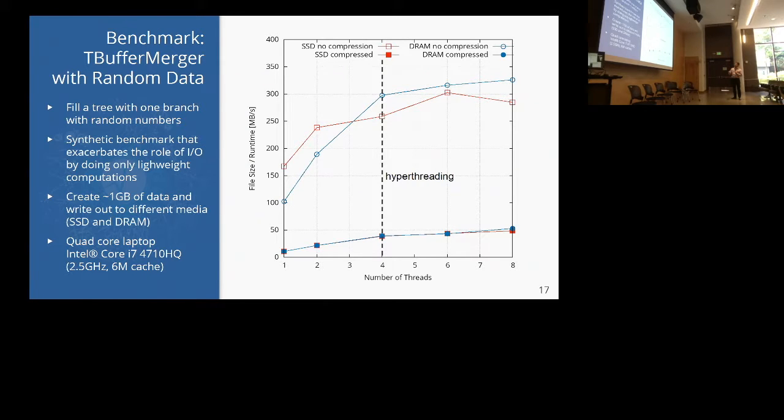The filled markers are for compressed data, and the empty markers are for uncompressed. For an SSD, this is just the runtime, considering ROOT startup and everything. If you divide the file size by the runtime, you have a rate that you can measure. This reaches more or less 300 megabytes per second, which is almost saturating the speed of the SSD.